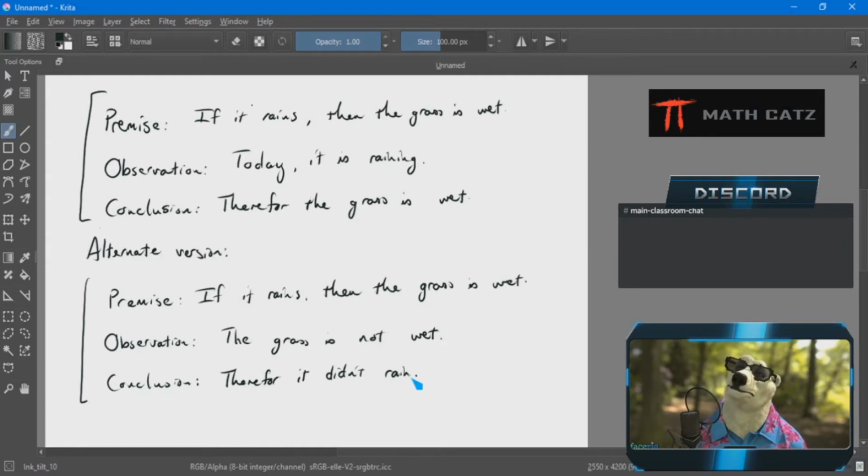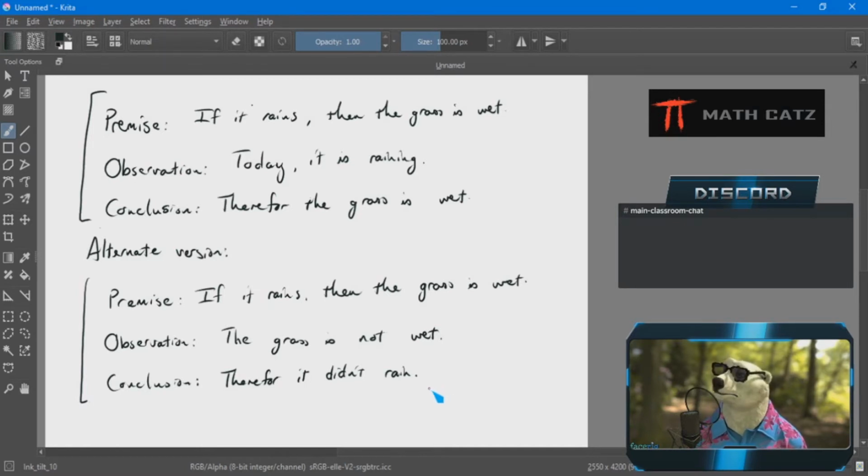If it rains, then wet grass is a certainty. Now I look, but the grass isn't wet. It's the opposite. Therefore, there is no way that it could have rained, because rain would result in wet grass. So if I see the opposite of wet grass, then the opposite of this raining part must have happened with certainty.